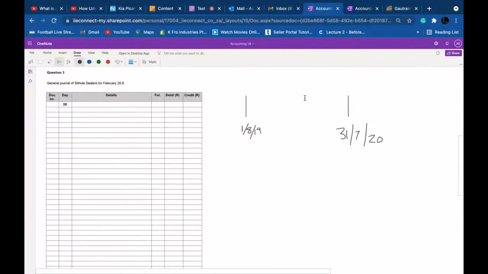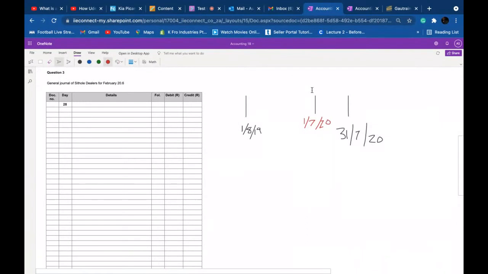And when did we buy this new machinery? On the 1st. I'm just going to put it in red: 1st of July 2020.